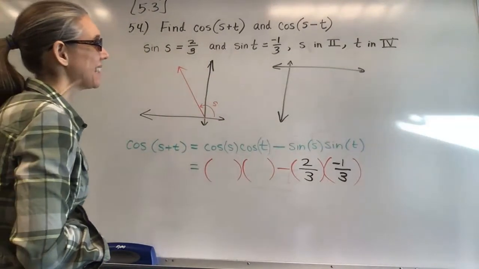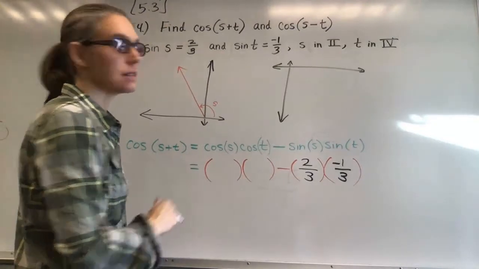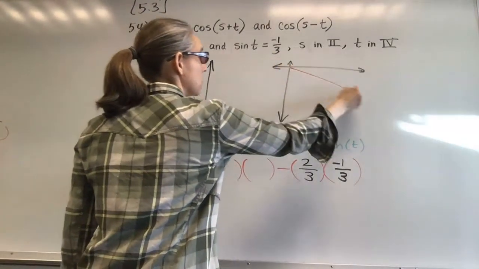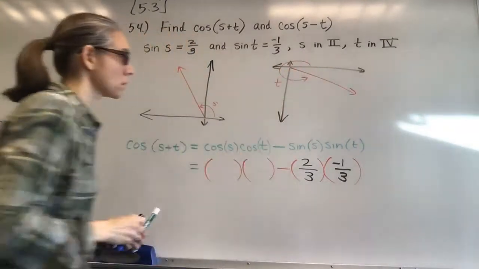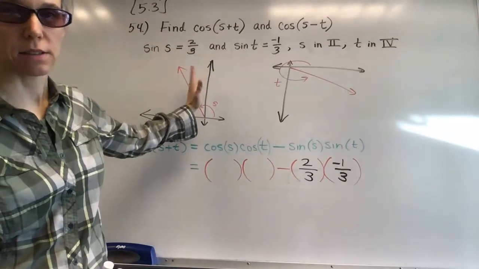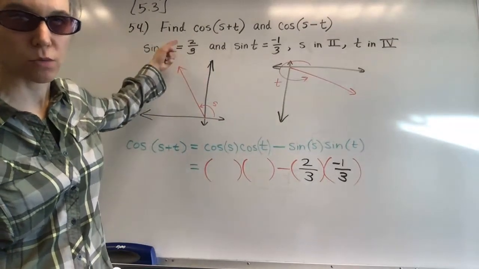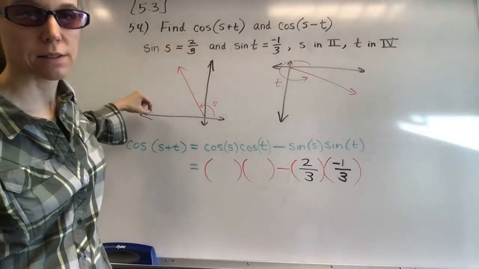And in quadrant 4, I'm going to find T. The reason I made S closer to the y-axis is because I can see that the sine value of 2/3 is going to be closer to 1 than 0.